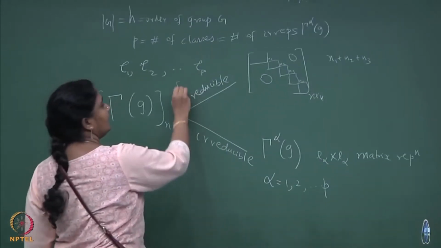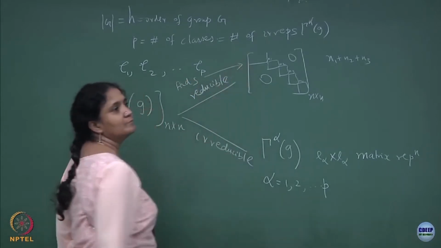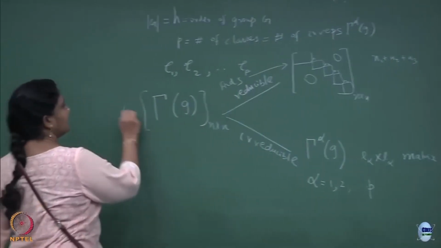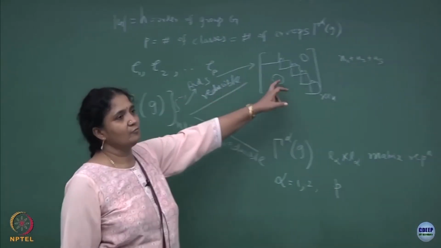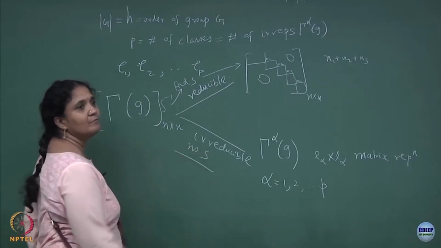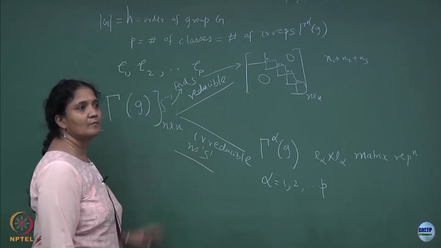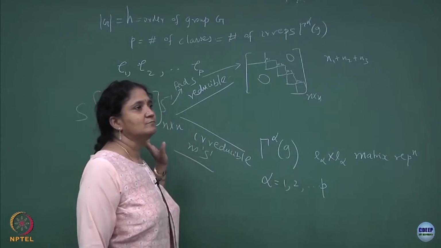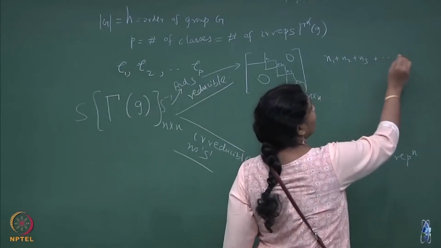Reducible means you can find an S to bring it to this form by similarity transformation, S inverse. Here there is no S, you cannot break it.